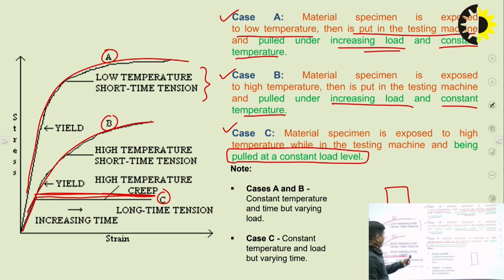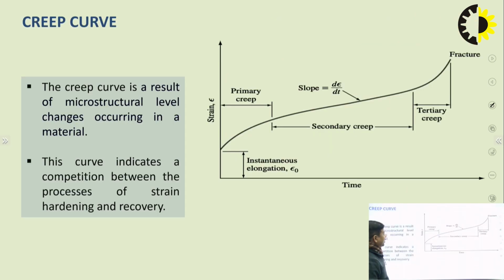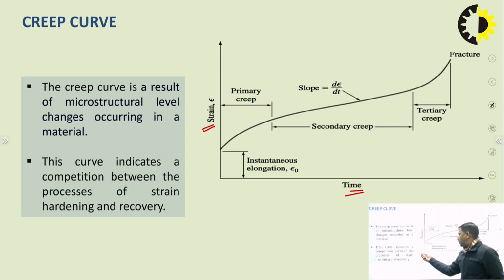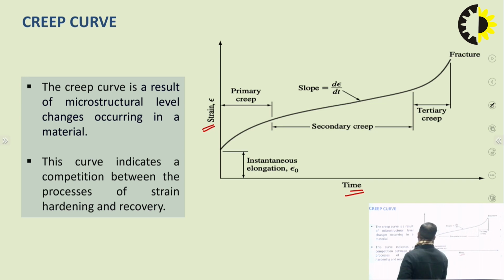You must relate this with your stress strain diagram. But the creep curve is plotted between strain versus time, because in the definition itself we came across that we have to apply a constant load over a longer period of time. So here, this is the actual creep curve that I am going to draw again over this.